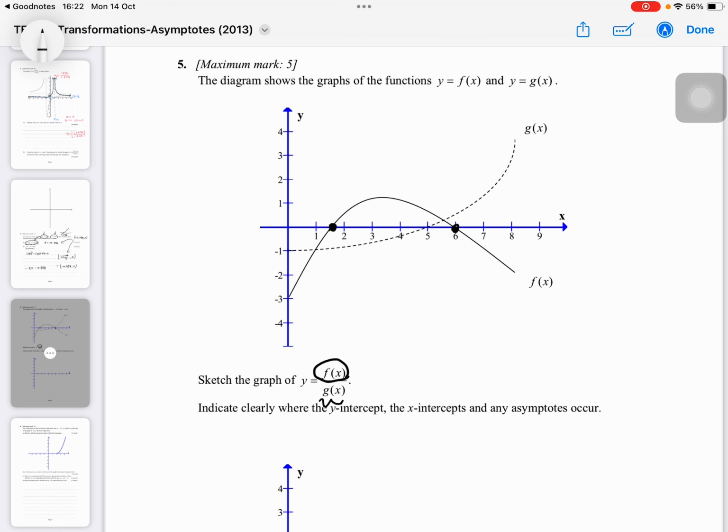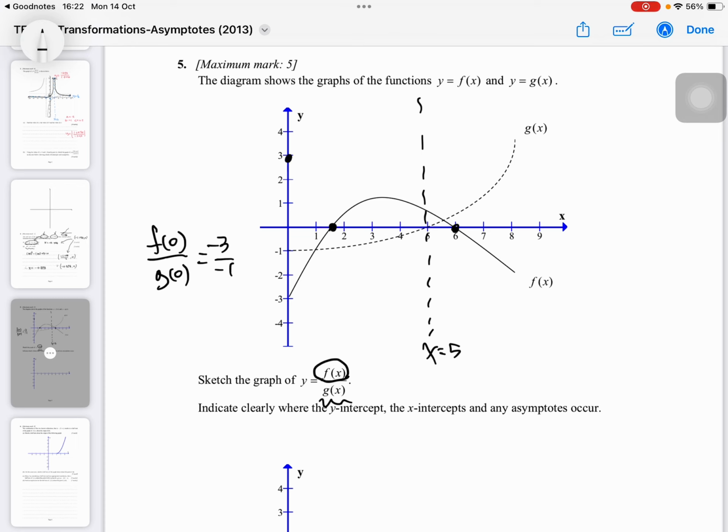And when the denominator is 0, it becomes the vertical asymptote. So 5 is the vertical asymptote. And we can find the y-intercept, f of 0. F of 0 is negative 3 over negative 1, which is 3.